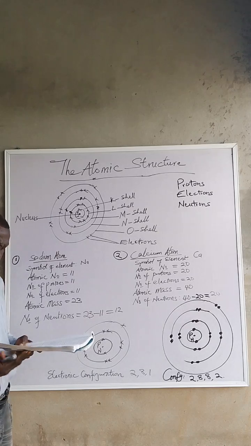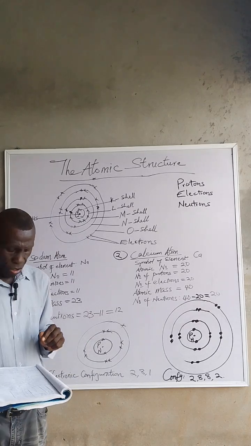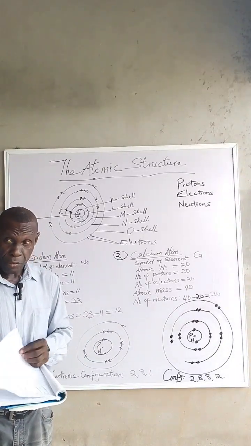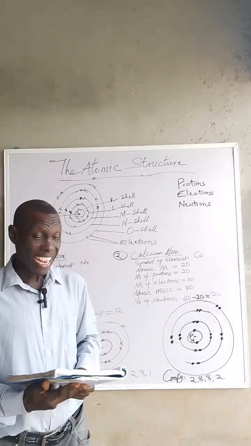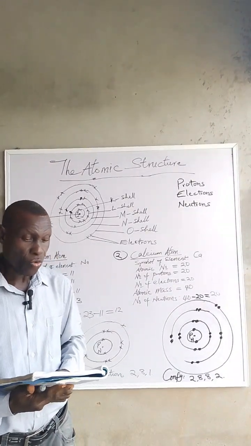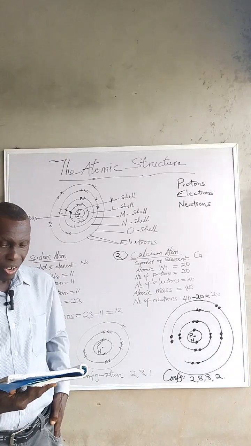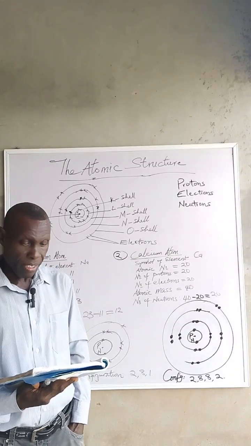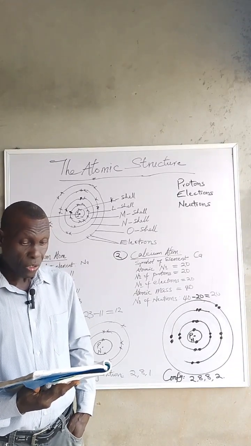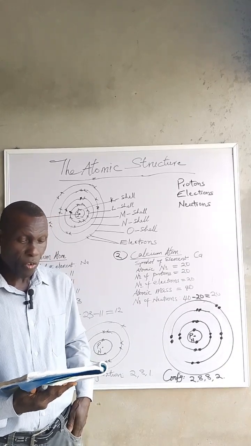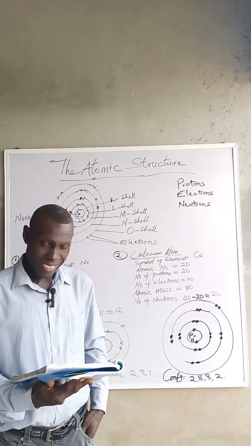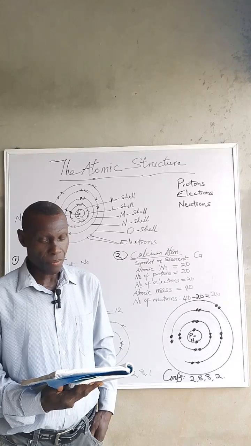Now, before you can successfully construct the structure of an atom, you must know the following. One, the name and symbol of the element in question. Two, the atomic number of the said element. Three, the number of protons, electrons, and neutrons of the element. And four, the atomic mass of the element.